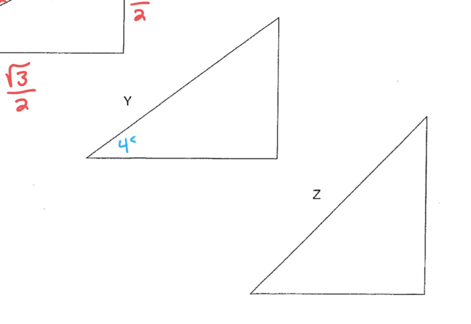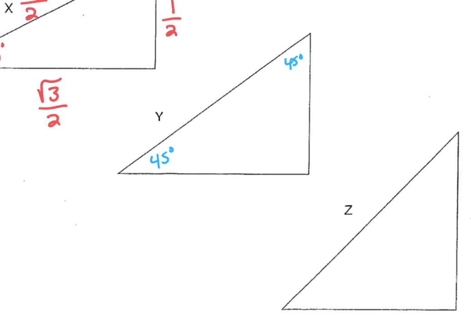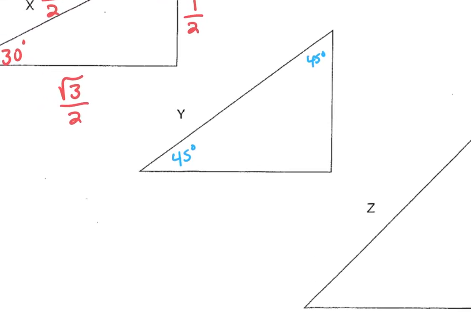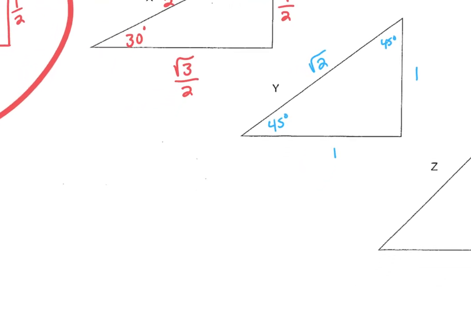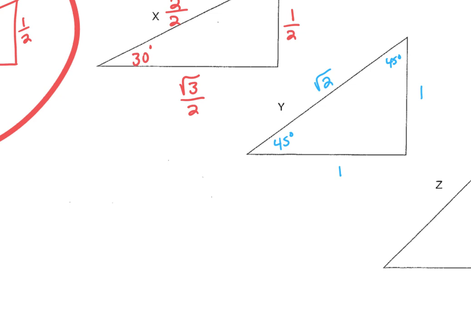The pink triangle is a 45, 45, 90 triangle. And we know from geometry that our 45, 45, 90 triangle corresponds in our Pythagorean triples as that 1, 1, square root of 2. That's our 1, 1, square root of 2 triangle Pythagorean triple.